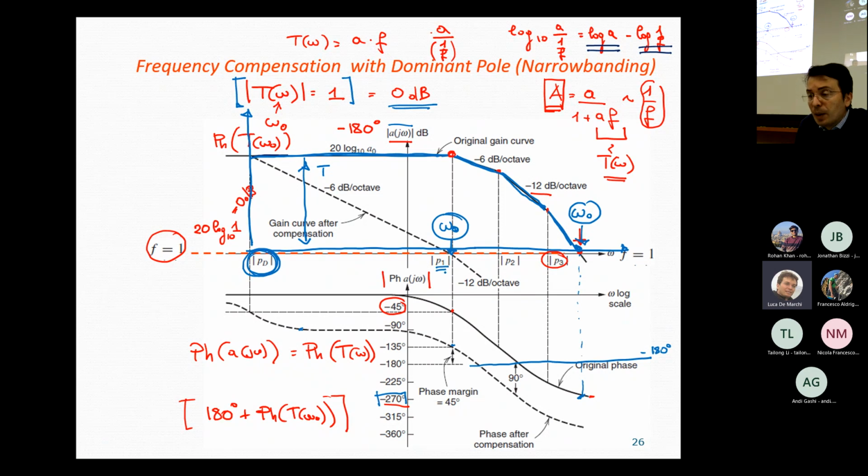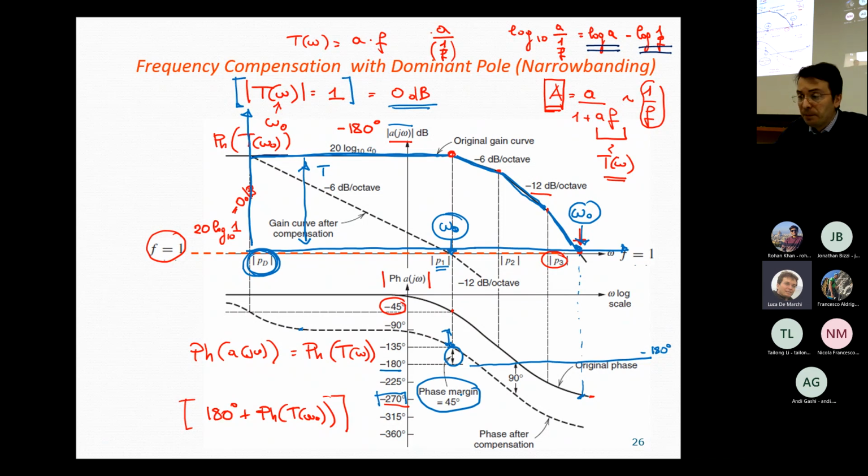So P1 generates this minus 45 degrees phase loss. The bottom line is that at omega null, the critical frequency for the Nyquist criterion, we have a phase curve which is quite larger than the minus 180 degree curve, which is the condition to have stability. So after the addition of the dominant pole, we have a phase margin equal to 45 degrees, and therefore we have stability.